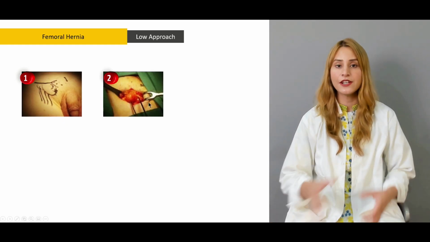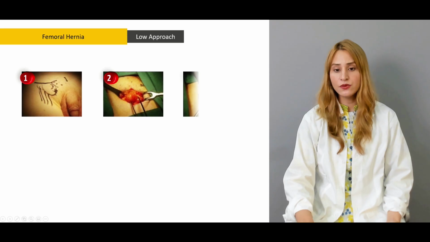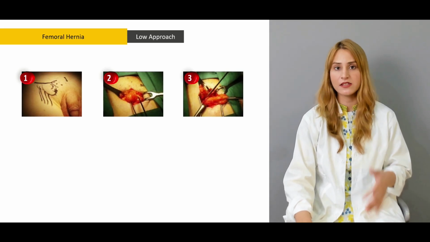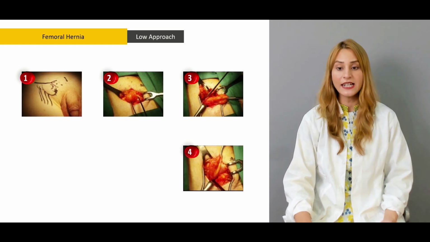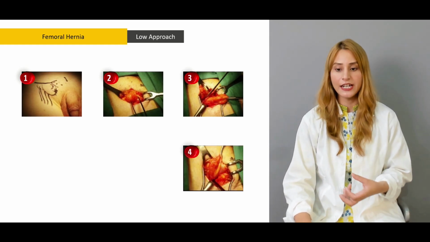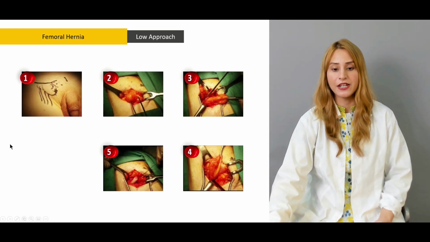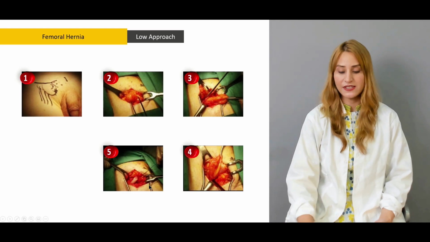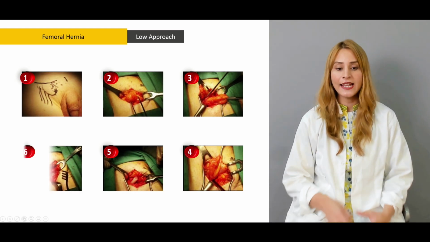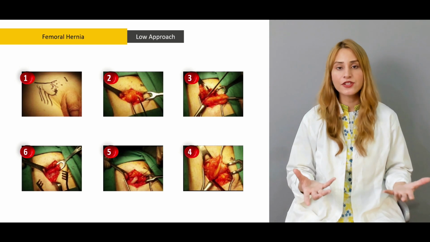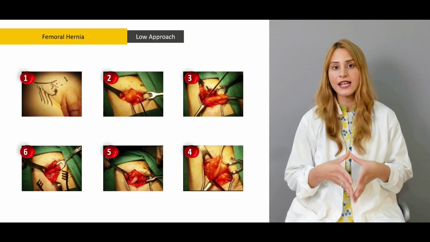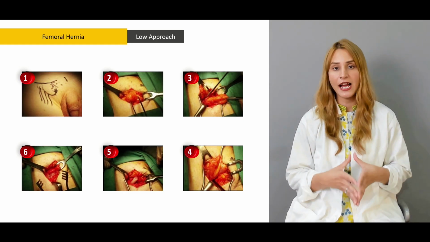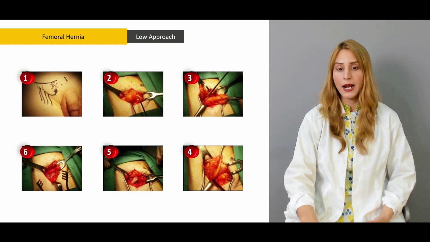And then you open the skin, you go deep down, you split the muscles from the transversalis fascia, you go down into the sac, and then the sac is identified, the sac contents are reduced, and this is the opening which is being stitched back. The sac is closed, and after closing the sac, you basically close the abdomen in layers. This is a very simple approach. This is called a low approach.